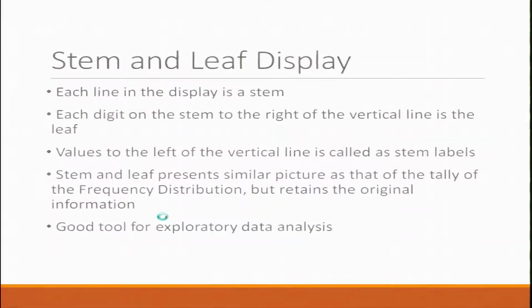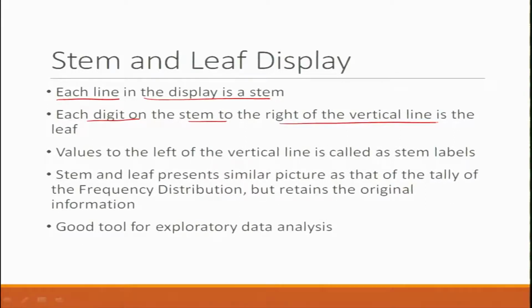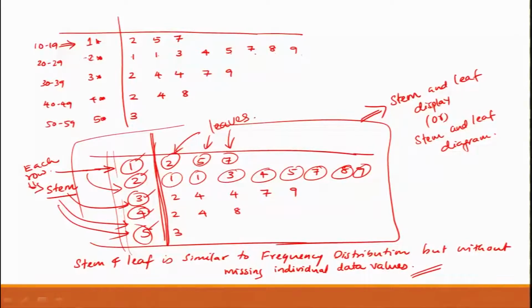Now, each digit on the stem to the right of the vertical line is the leaf. This is the vertical line. Okay. To the right of it, each one of these individual values is called as the leaves.